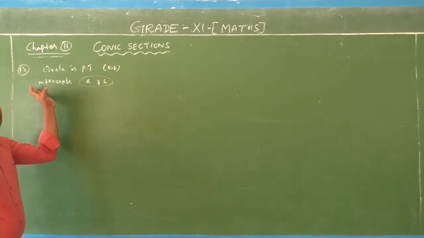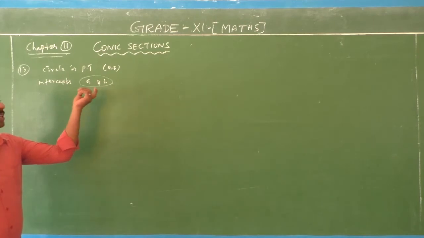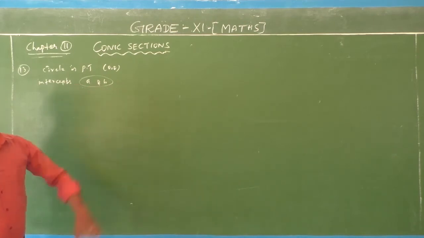The intercepts on the coordinate axes are A and B, so the x intercept is A and the y intercept is B.